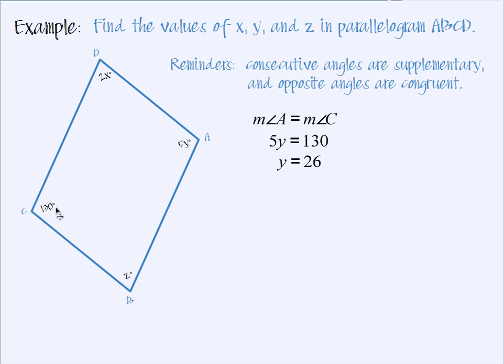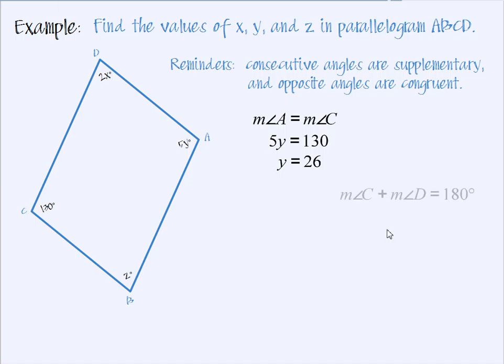Since 130 degrees doesn't have any other opposite angles, I can use the fact that consecutive angles add to 180 degrees. I don't want to use the fact that I found y to be equal to 26 because if I had calculated that incorrectly, then x and z would also be incorrect.